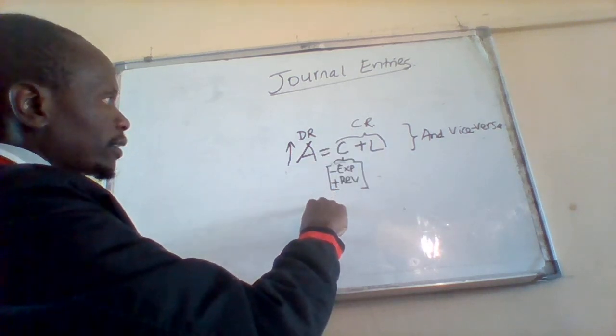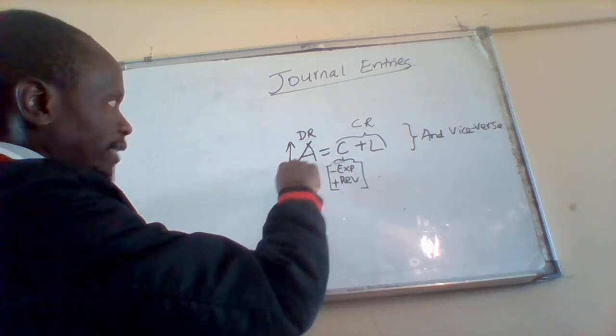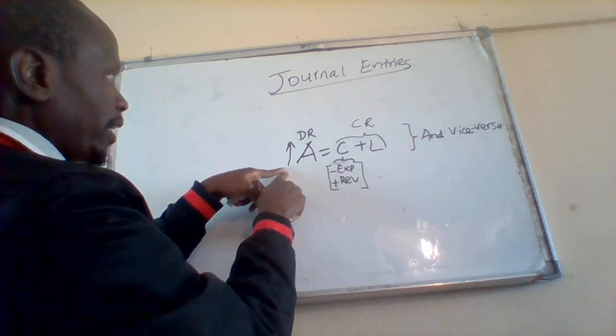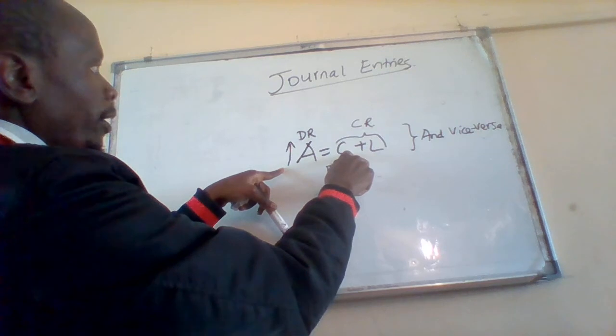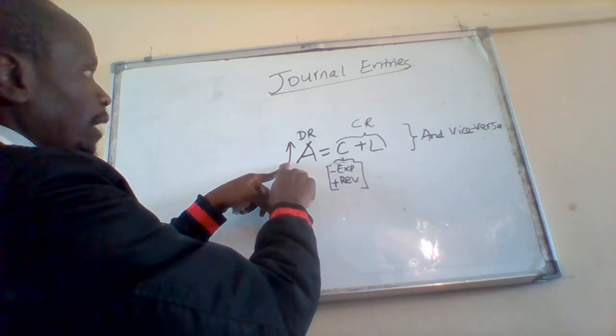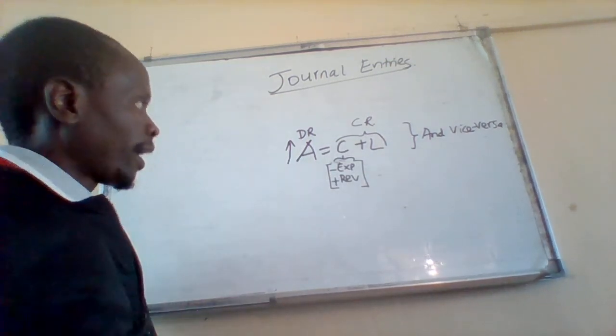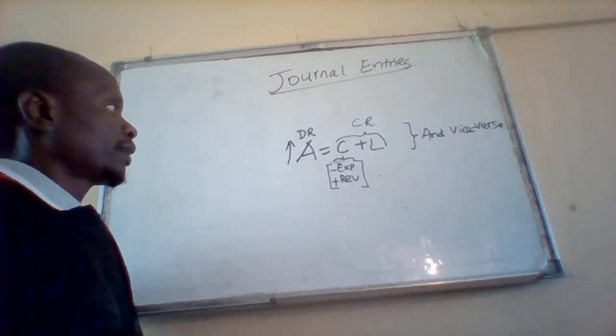So it means when revenue increases, then capital may increase, and then we will have to credit the account. I don't know whether you got that one.